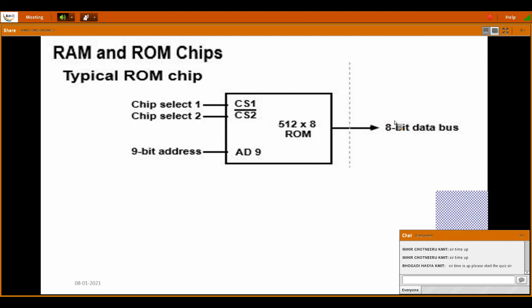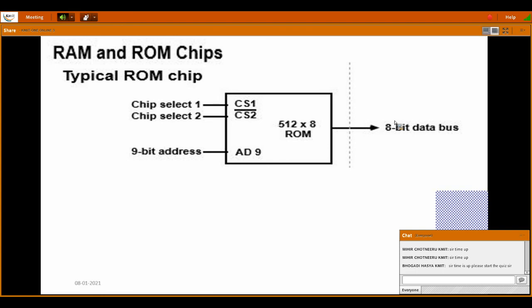Why ROM in main memory? Why are we using it in the main memory? Listen everyone, what is ROM? ROM is a non-volatile memory that stores permanently in the computer. Here ROM contains a program called the bootstrap loader.